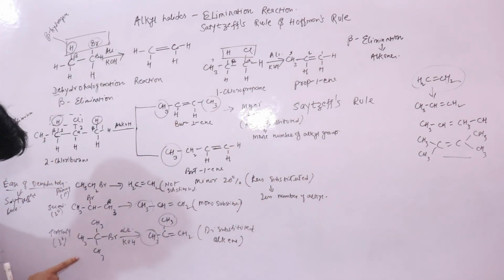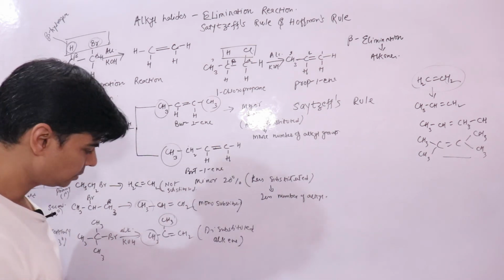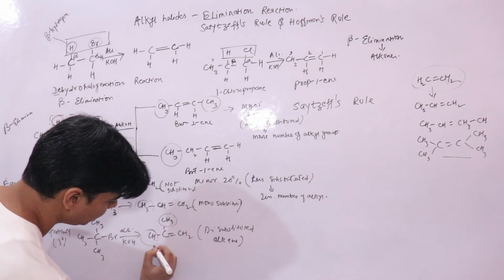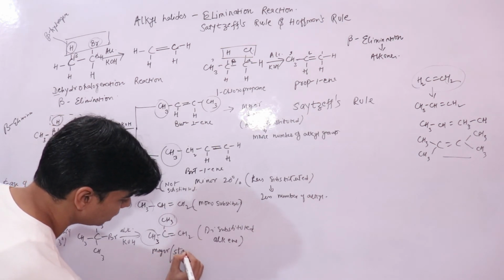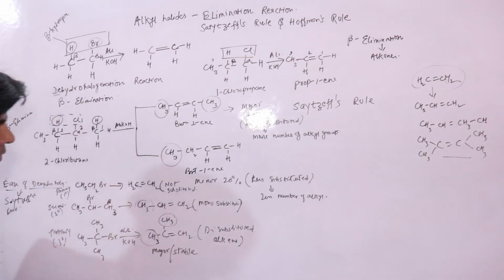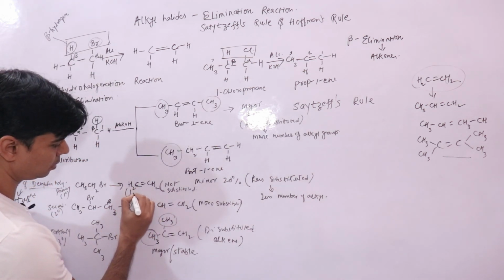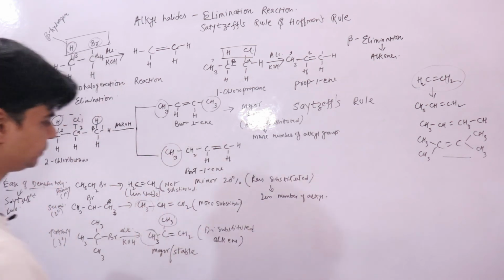So here your tertiary halides or 3 degree halides are forming more substituted alkenes, right? So this alkene would be formed in major quantity, or we say this alkene is most stable as per Saytzeff's rule, right? And this would be less stable because of no substitution, right?